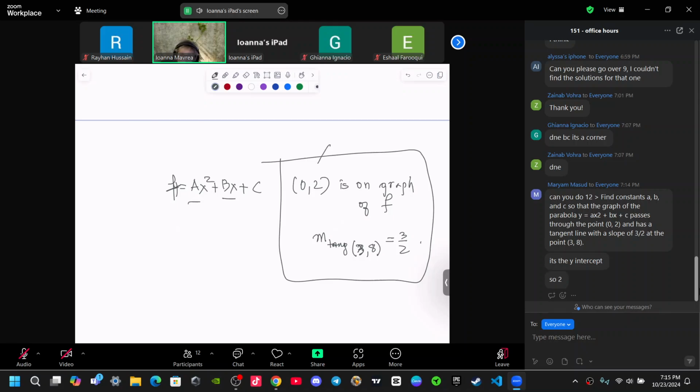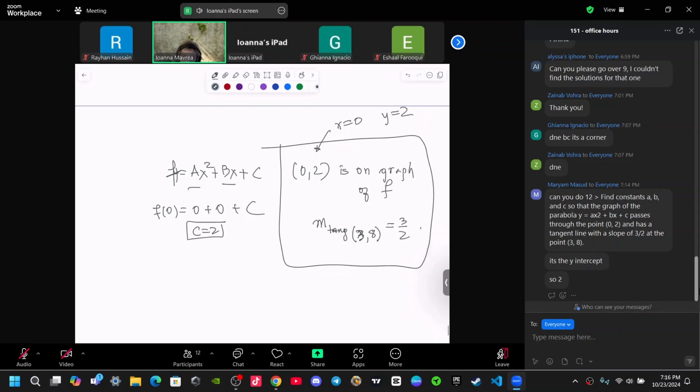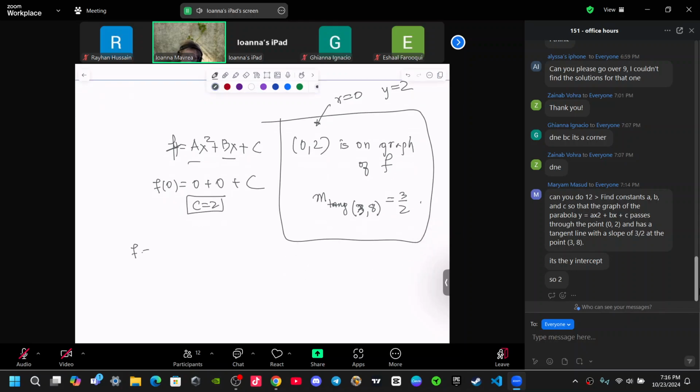The y-intercept, it's telling you when x is equal to 0, y is equal to 2. Well, if you plug in 0, you're going to get 0 plus 0 plus c. So c must be 2. Okay, so we know that. So f again is ax squared plus bx plus 2.